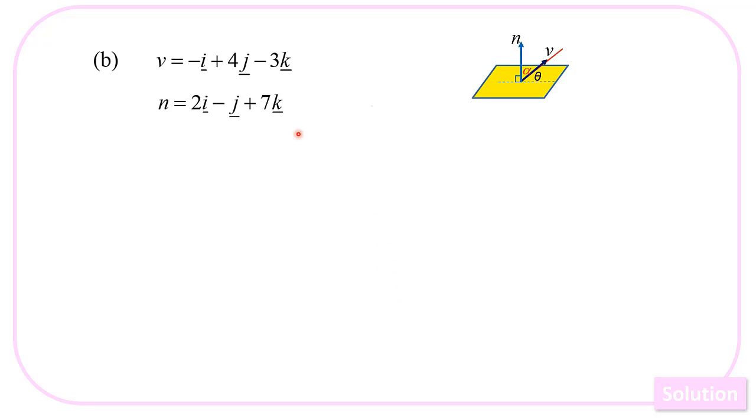Okay, question B, we want to find the angle between the line and the plane, that is theta. So from the equation of the line, we have v, that is a vector parallel to the line. And from the equation of the plane, we have n, that is a vector perpendicular to the plane.